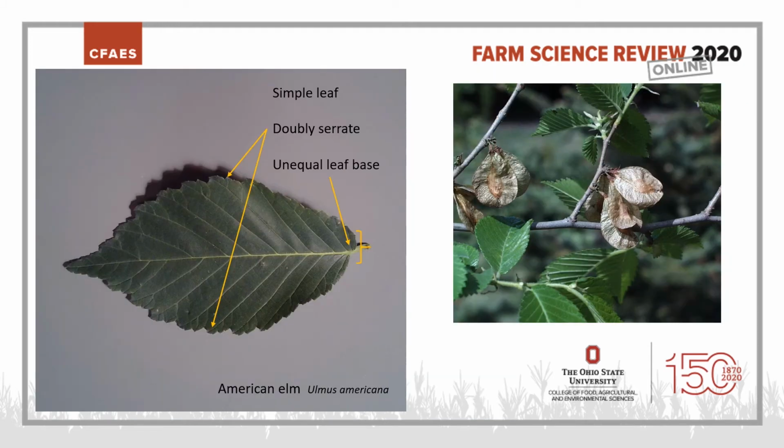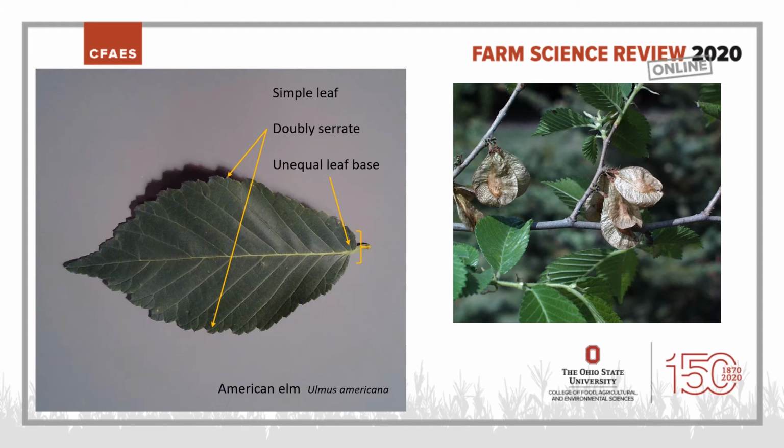So then we look at this elm leaf. It's a simple leaf. Again, here's the petiole, doubly serrate. So what do we mean by that is we have these large teeth, and on those large teeth are smaller teeth. So it's twice serrate or doubly toothed, however you see the terminology pop up. And it has an unequal leaf base. If you look here closely, you can see that this side the tissue comes down and ends here, and on the other side the tissue comes down and ends a little farther down.